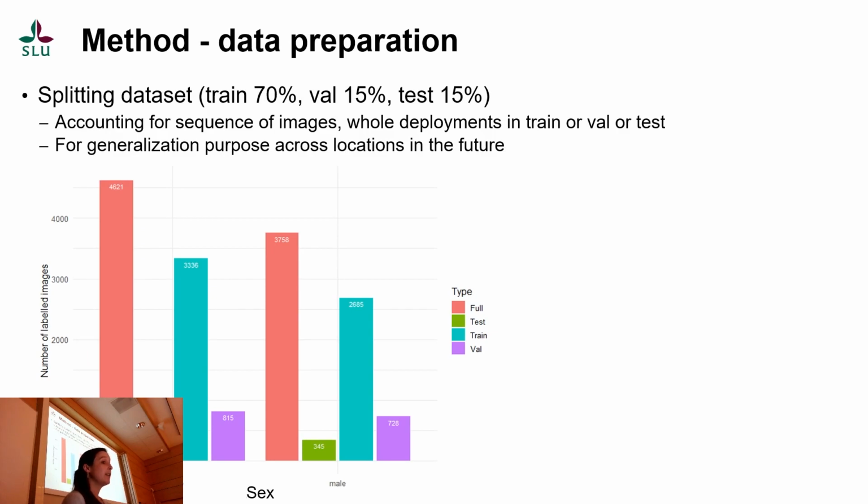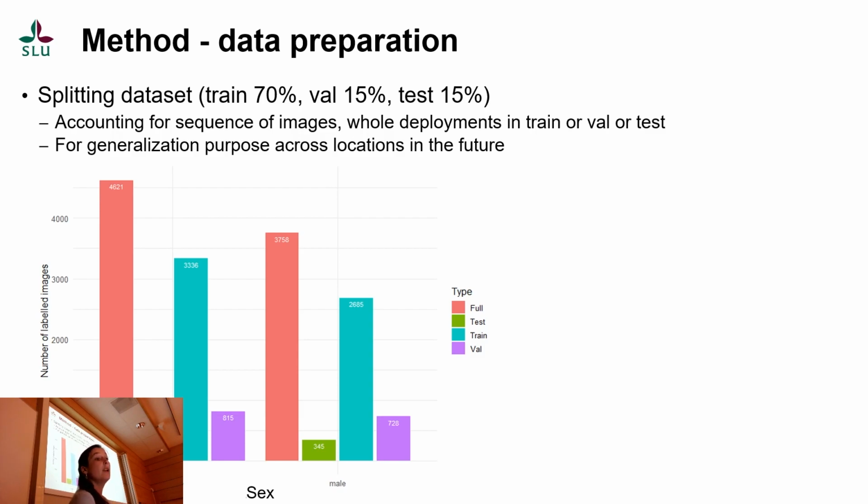So we split up the data set into train 70%, validation 15%, and test 15%. And we accounted for keeping sequences of images in only one of the 3 splits. A sequence of images is when the animal is walking in front of the camera: it does not take only one image but a couple of images, and the whole event is one sequence.